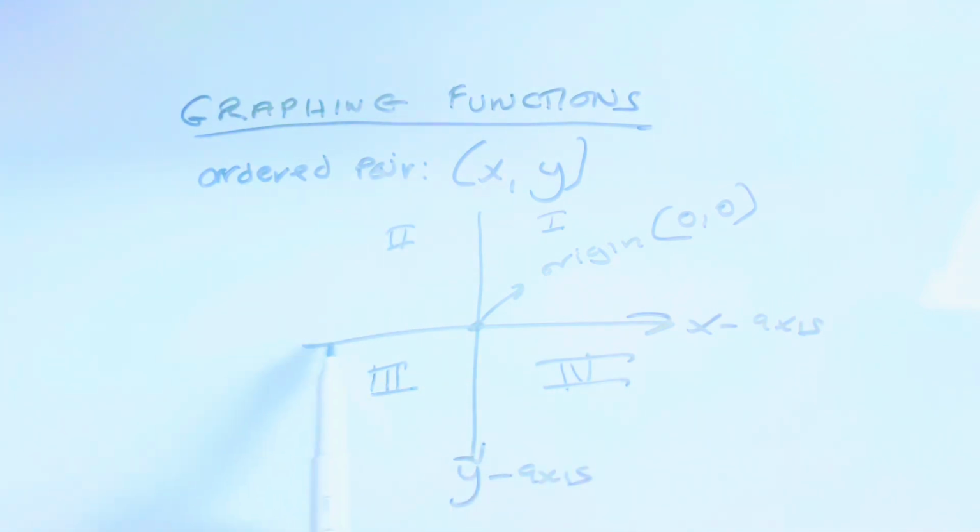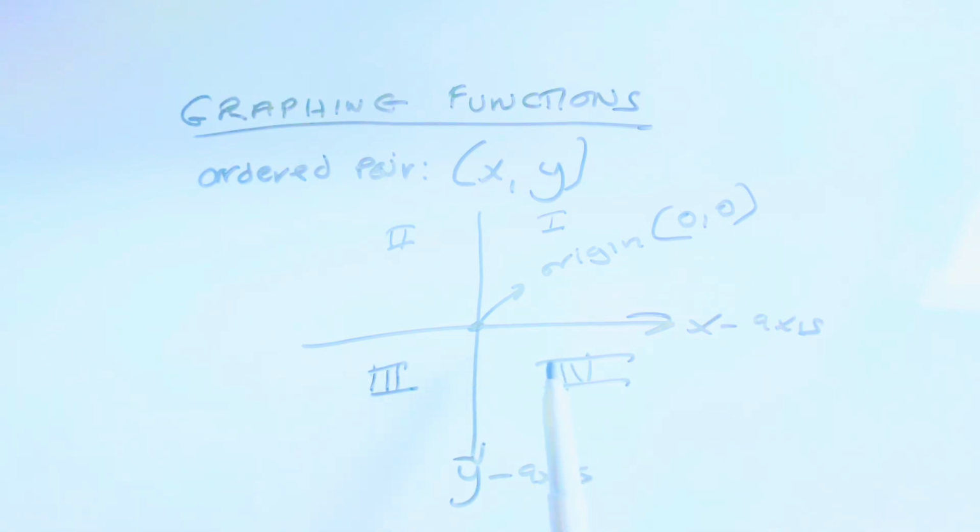Like I said, the horizontal line on our graph is the x-axis and the vertical line is the y-axis. Quadrants are always written in Roman numerals, and they correspond to all the regions on the graph.